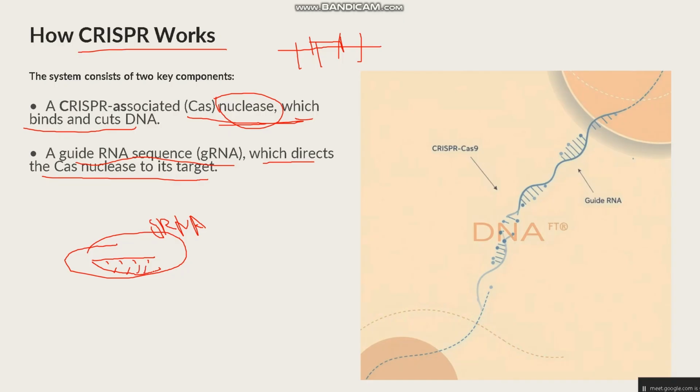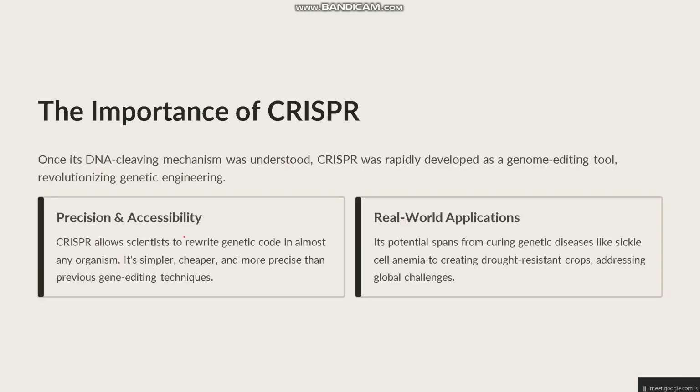This is a sequence that binds with the DNA, and this sequence is highly complementary to that DNA. The guide RNA is used to direct the Cas nuclease to its target, where it cuts the DNA.